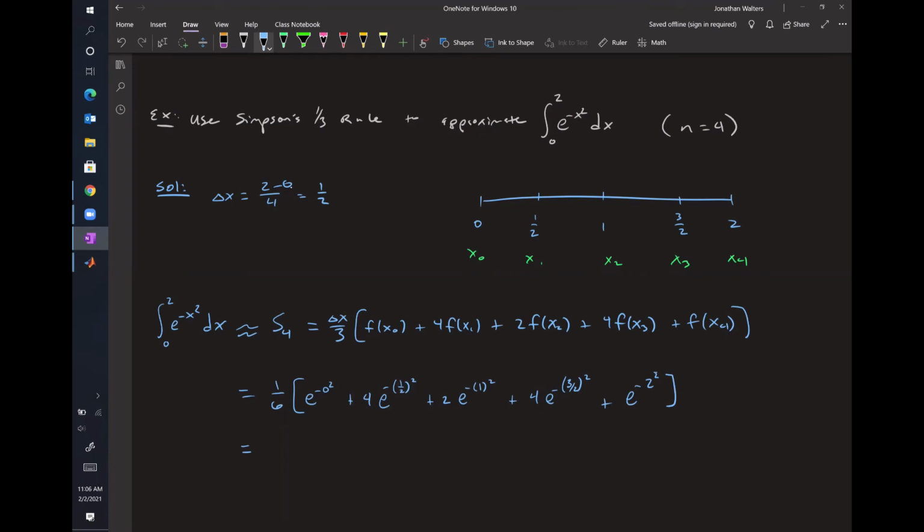So that's 1 over 6. e to the 0 is 1, plus 4 e to the negative 1/4 plus 2 e to the negative 1 plus 4 e to the negative 9/4 plus e to the negative 4.